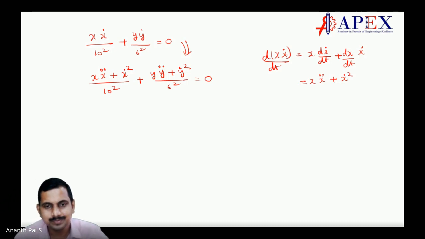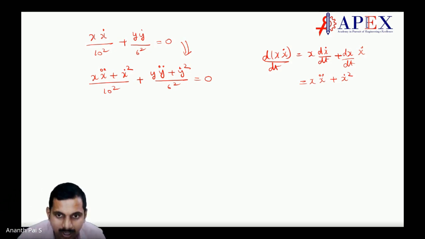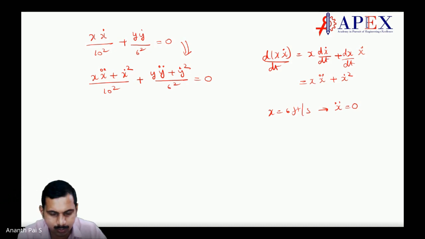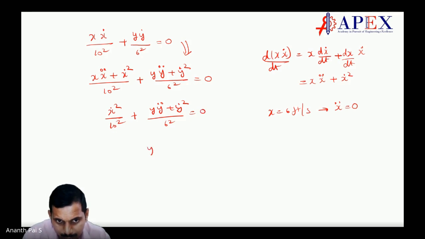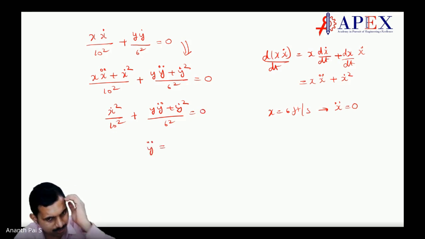Because x is moving with a constant velocity, given as 6 feet per second, x double dot is equal to 0. So if x double dot goes to 0, this becomes x dot square by 10 square plus y into y double dot, which we do not know, y dot we know, square by 6 square. So it's easy to find out y double dot. Find it out.